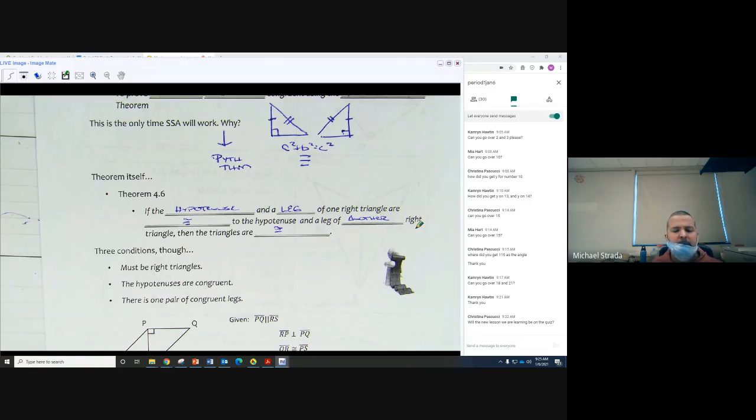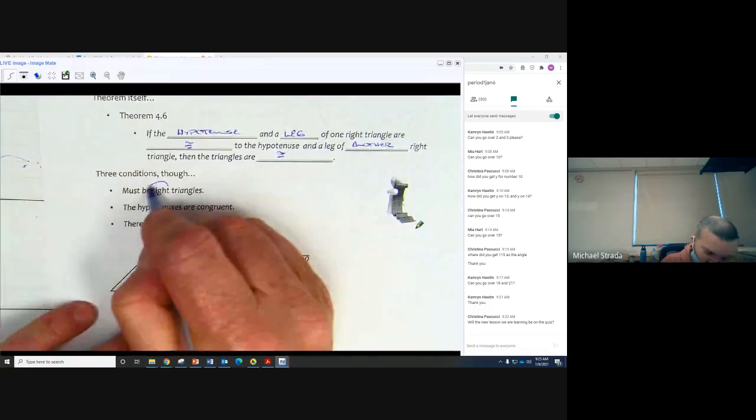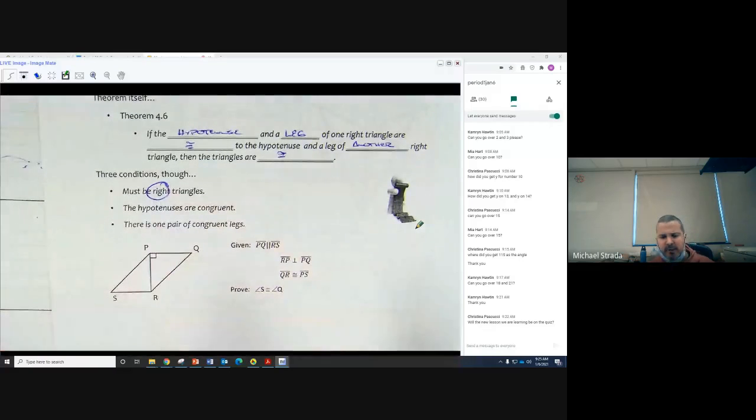All right. So there's three conditions though. Number one, it must be right triangles. So you have to make sure, and that's the major thing, you don't prove the angles are congruent, you prove that the angles are right angles. All right? So that's what you need to do.